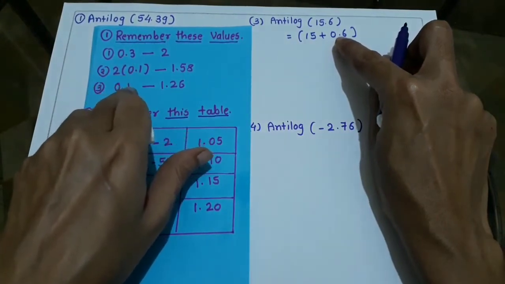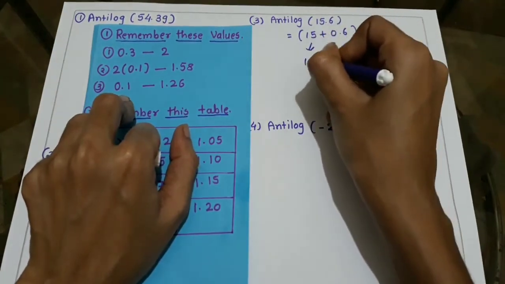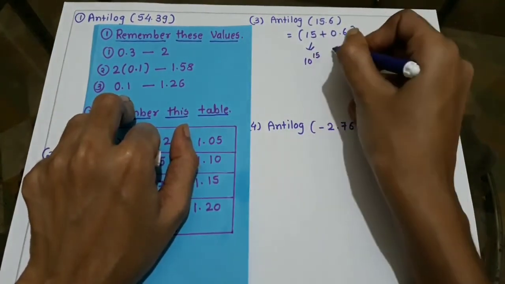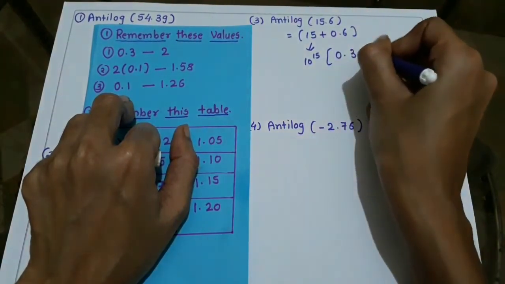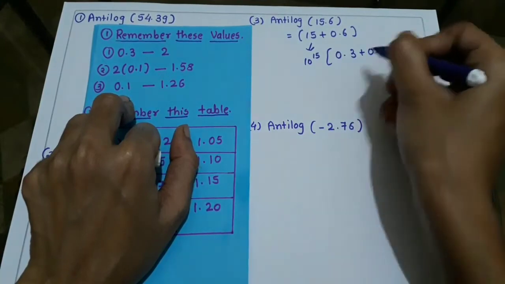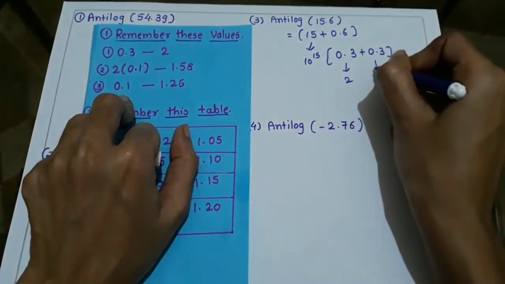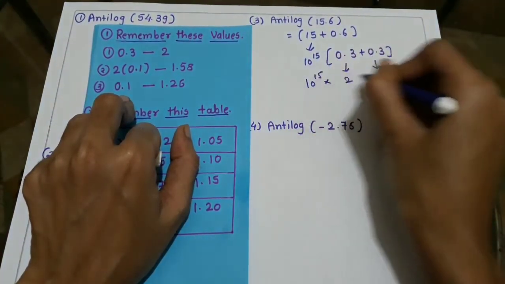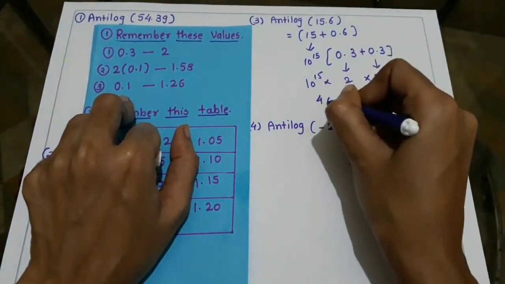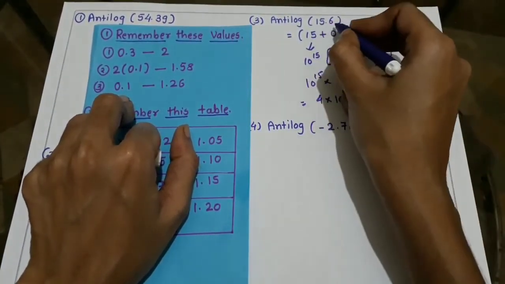Instead of 15 I will write 10 to the power 15. Now 0.6 is 0.3 plus 0.3, right? The value of 0.3 is 2, and here 10 raised to 15. Now we multiply all these numbers, and we get 4 into 10 raised to 15. This is the antilog of 15.6.